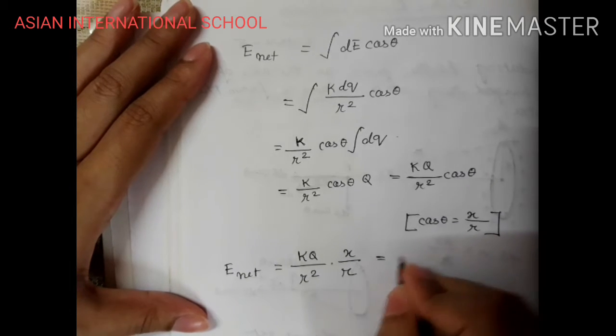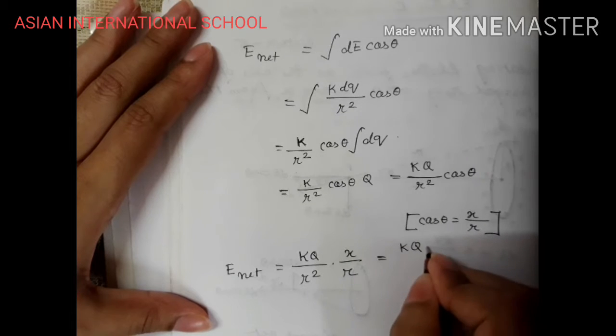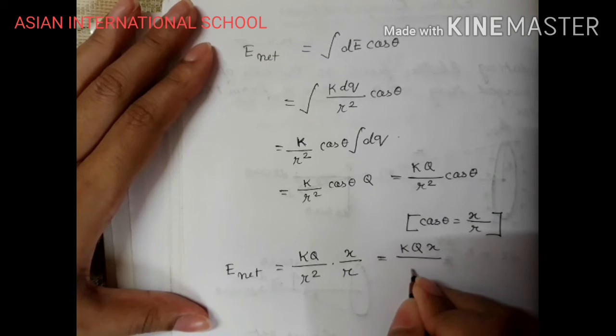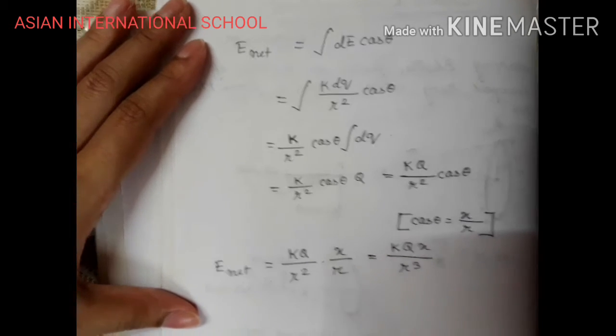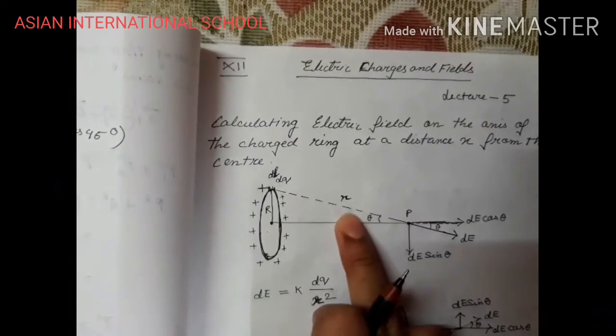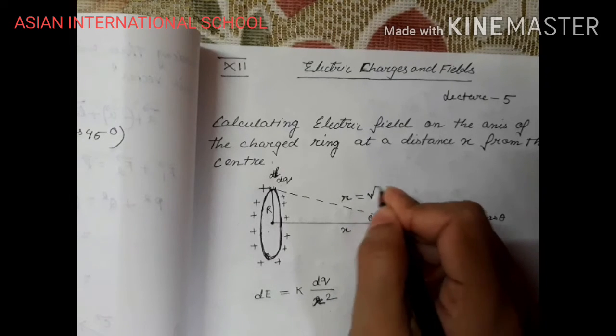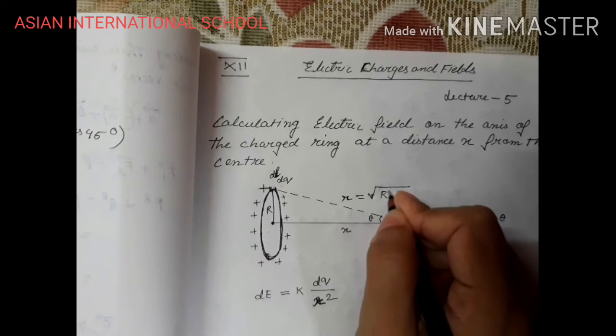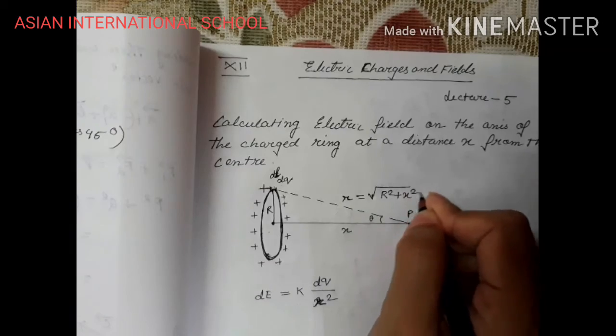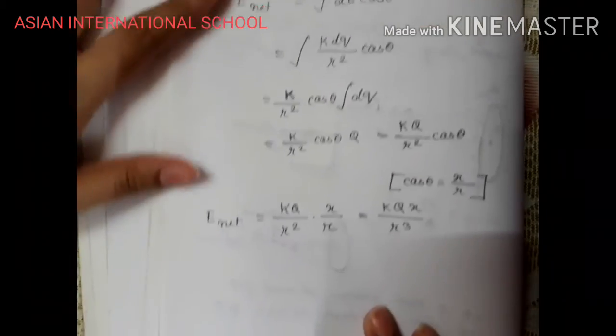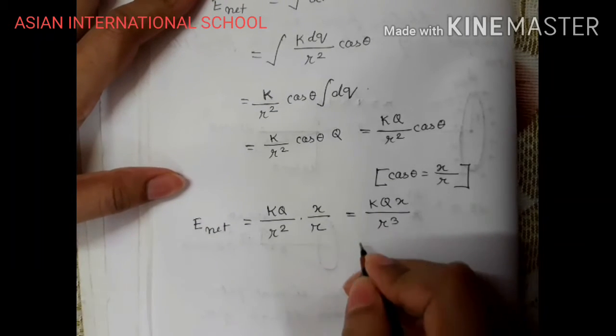So what am I getting? K q x by r cube. Now what is the value of r? From the diagram, r is equal to the root of r square plus x square. So I substitute the value for r cube.